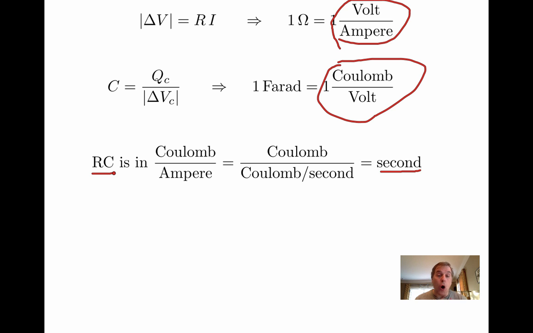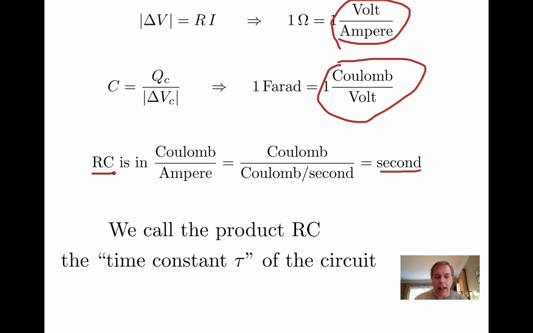If you give the resistance in ohms and the capacitance in farad, then R times C will give you a time in seconds. So the product R times C is a number that depends on the resistance and the capacitance in your circuit, but it's a number in seconds. We give this product a special name. We call that the time constant of the circuit, and we use tau again.